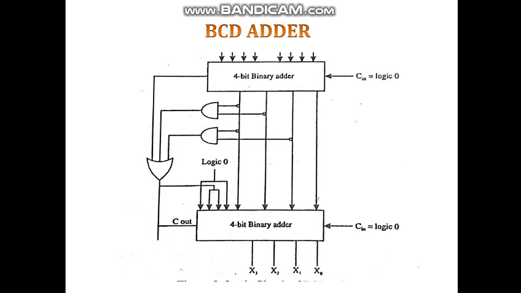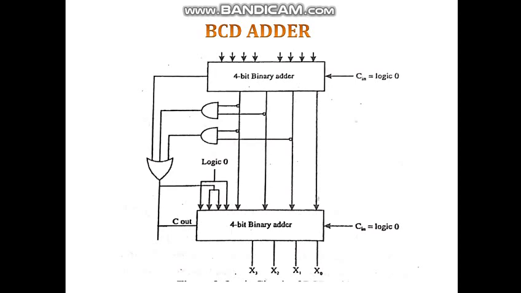In that we observe that there is a 4-bit binary adder that we use here, and by using that 4-bit binary adder, they try to add the numbers, and it has a certain logic also. Along with that it will also use the AND gate and one OR gate. Now by using this, we will try to get the result.